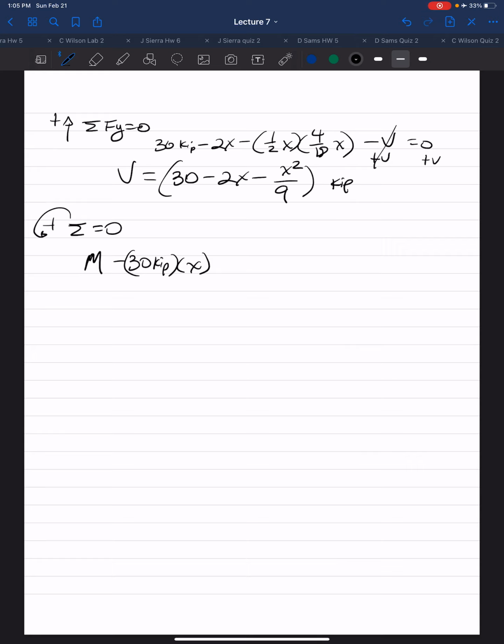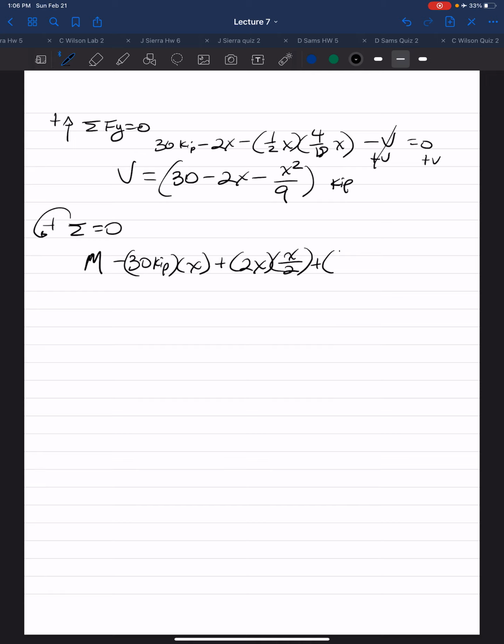Taking into account the rectangular force, that would be 2x times the perpendicular distance, which we said is x over 2. Rectangular loadings, the concentrated force is applied directly in the middle.